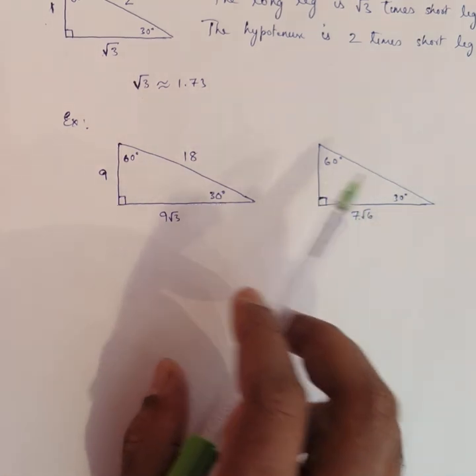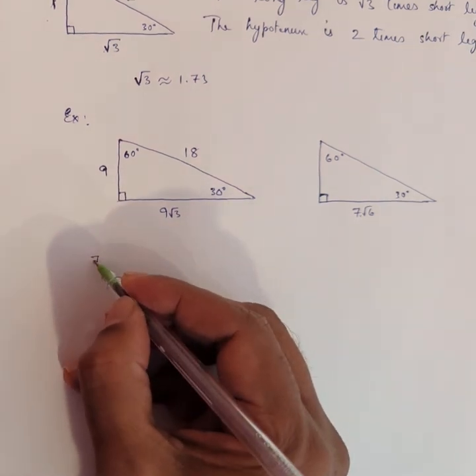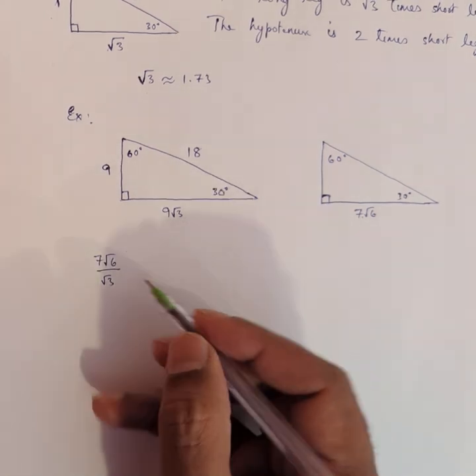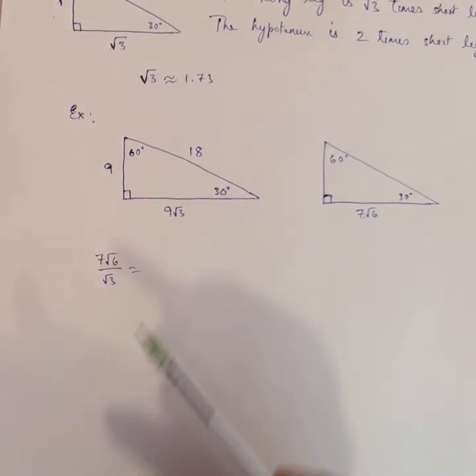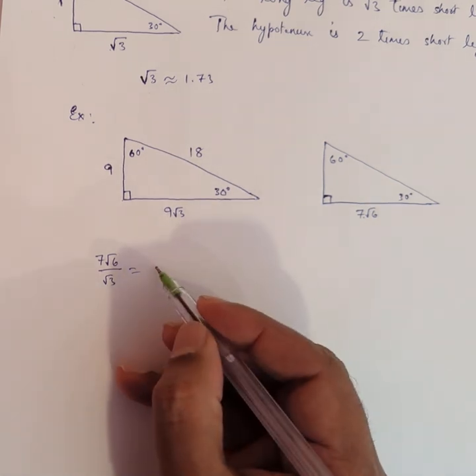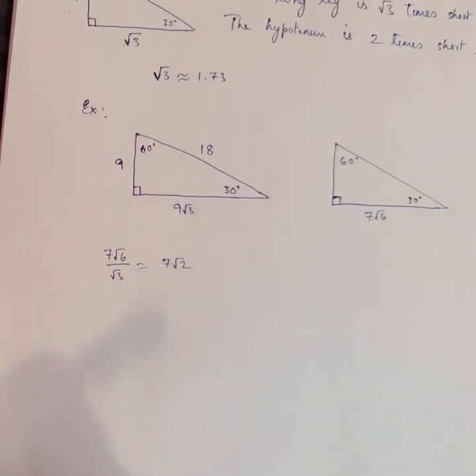Well, from short leg to long leg, you multiply by root 3. Now you have to divide by root 3. So what is 7 root 6 divided by root 3? Well, you can divide the root 6 by root 3 and you get root 2. And the 7 stays in place. So that's our short leg.